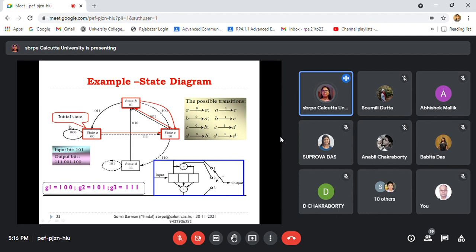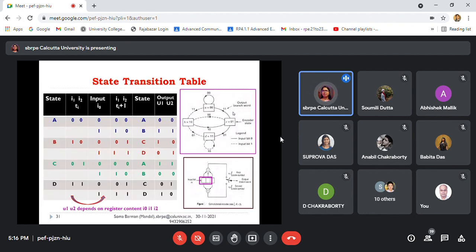Now if a 1 input is coming in state A, it transitions from state A to state C. But previously in our example, for the 1 input, state A transitioned from A to B. Clear?